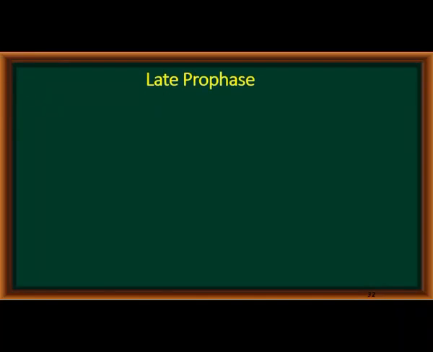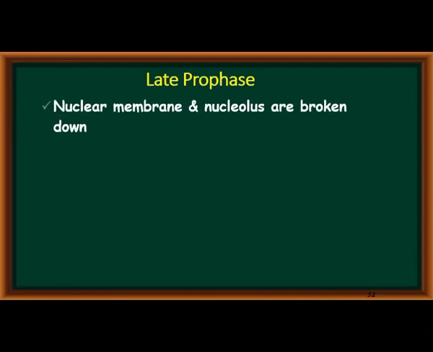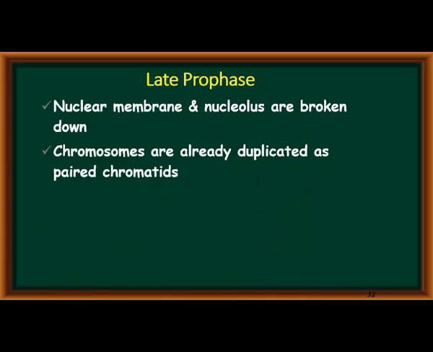During late prophase, the nuclear membrane and the nucleolus are broken down. The chromosomes are already duplicated as paired chromatids. That is, the chromosome makes a copy to form two sister chromatids.